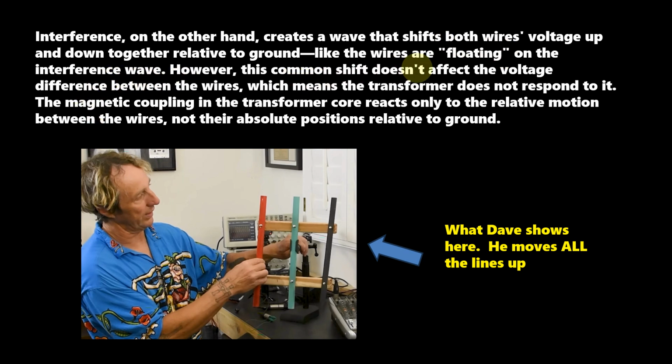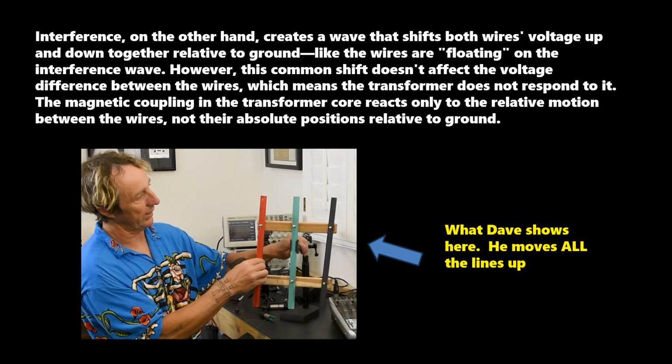However, this common shift doesn't affect the voltage difference between the wires, which means the transformer does not respond to it. The magnetic coupling in the transformer core reacts only to relative motion between the wires, not their absolute positions relative to ground. Let's just say you have a wire swinging between 1 volt and negative 1 volt from the microphone, going back and forth at 440 hertz or whatever.